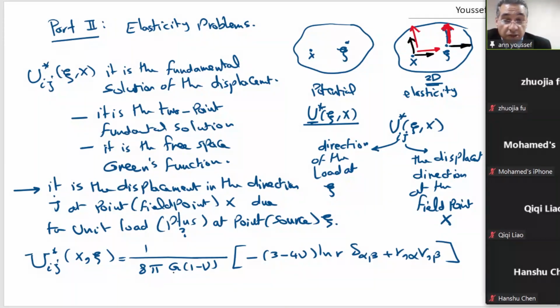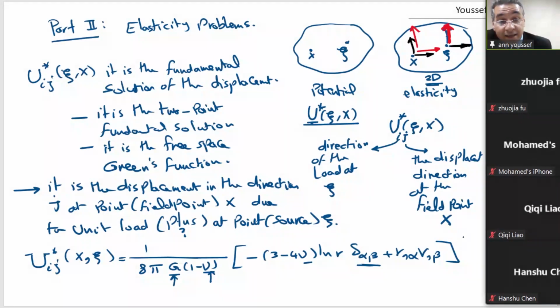I'm going to define every term. Here pi is known, G is the modulus of rigidity, equal to E over 2 times (1 plus mu). Mu is the Poisson ratio. This is the Kronecker delta. R is the distance between the 2 points.